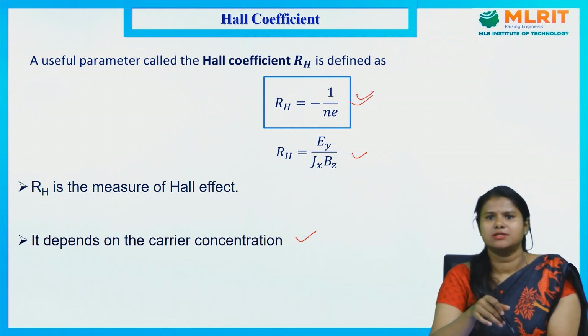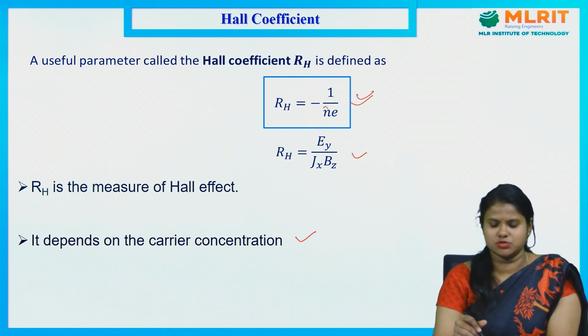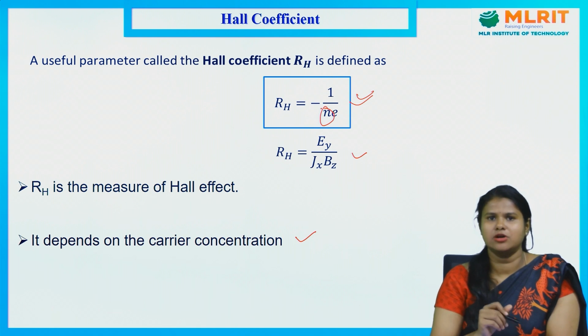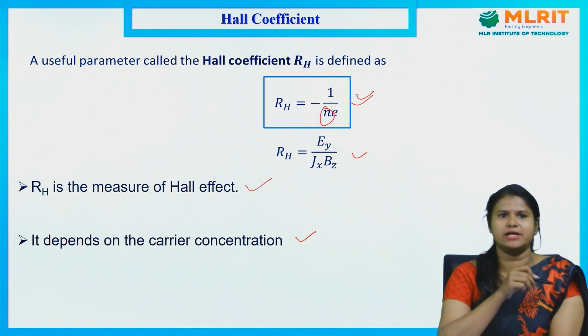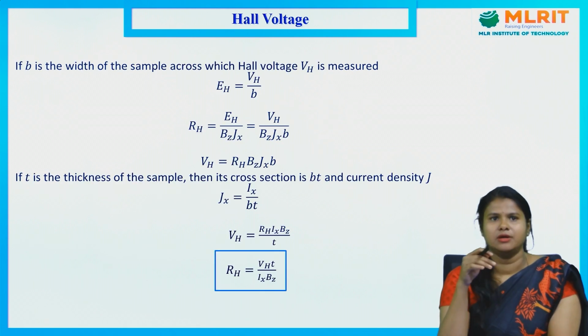N is known as the carrier concentration or the number density of electrons, and this RH is the measure of Hall effect. Now, let's derive an expression for the Hall voltage.